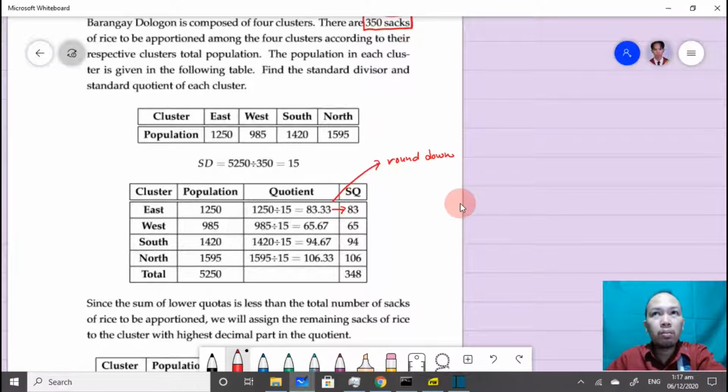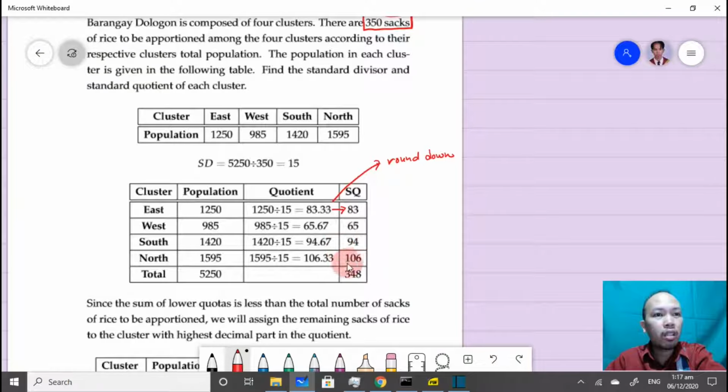Round off means if the value is below 0.5, we round down, and if above 0.5, we round up. So when you say round down, whether it is 83.99, it should go to the lowest integer. So we have here 83, 65, 94, and 106. So it is round down, and then add the standard quota.